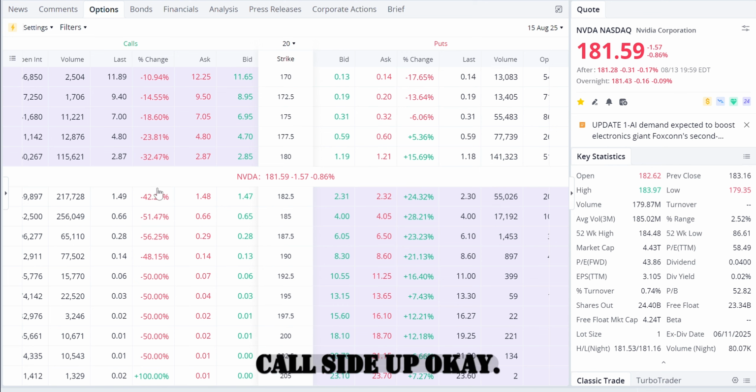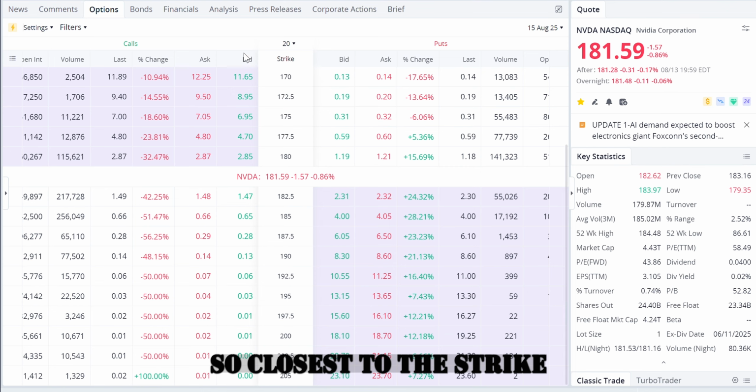Call side, up. Now we get into the next row of columns. Closest to the strike, both sides have the same columns.